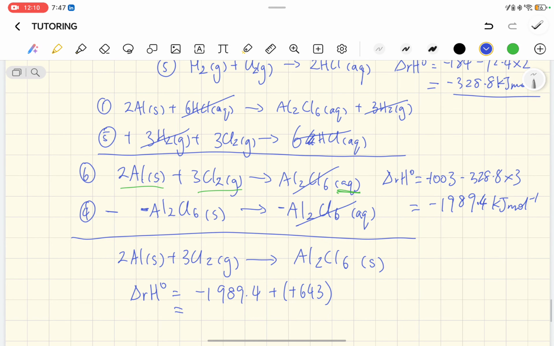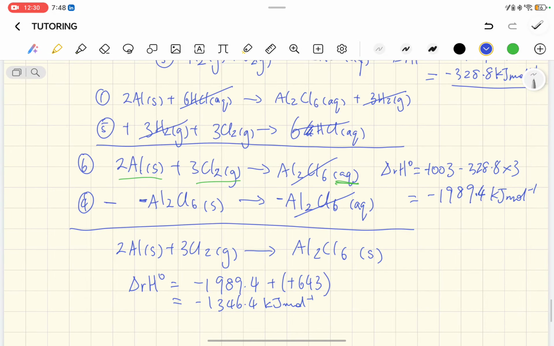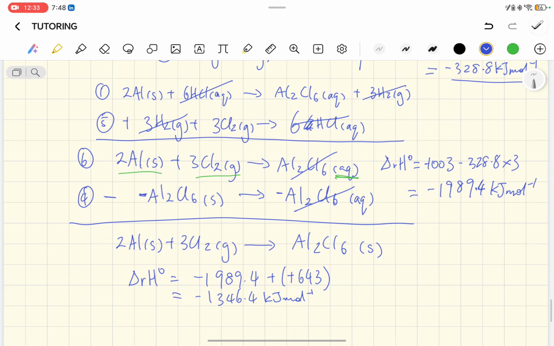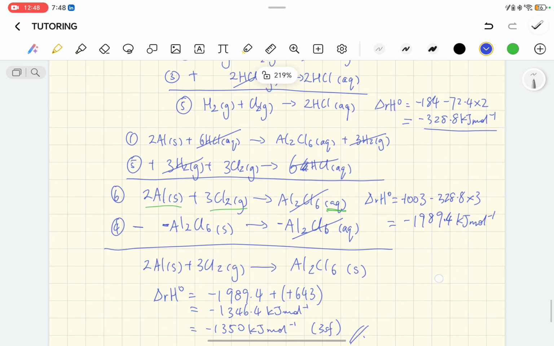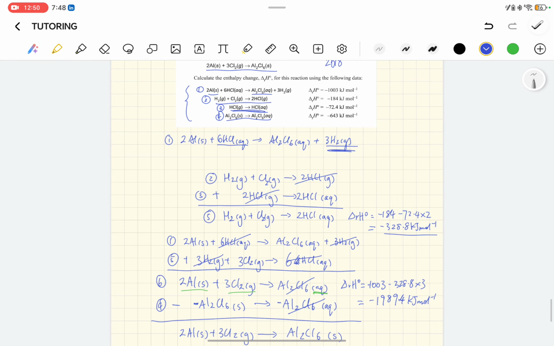So we have negative 1989.4 plus 643, which gives us negative 1346.4 kilojoules per mole. And this, you don't have to round it, you can round it. It's good to round it. I'll round it to 3 sig figs, which is 1350 kilojoules per mole, 3SF. And this will be the whole run through of the question. Yeah, thank you.